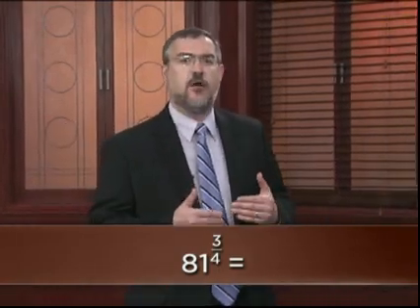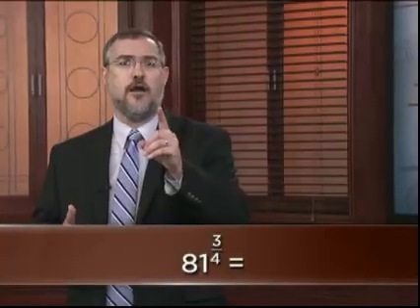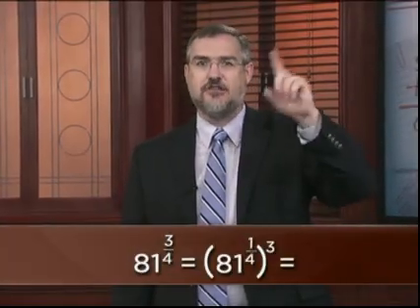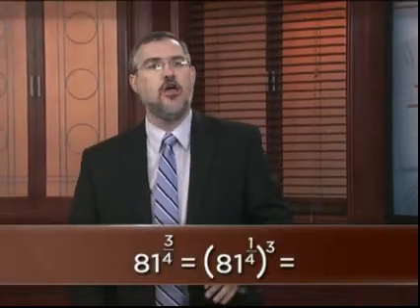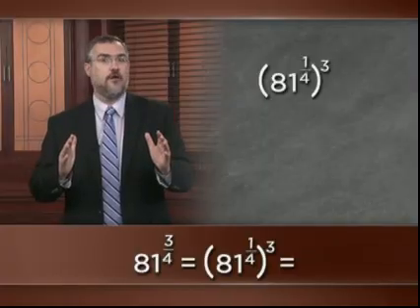Now, we just need to work through the problem the way I've handled the others, and again, I'm going to suggest that we write 81 to the 3/4 power in a smart way. And that way would be to write it as 81 raised to the 1/4 power first, and then raise that to the 3 that was in the numerator of the original exponent. When you do that, you have to find the 81 to the 1/4 first.